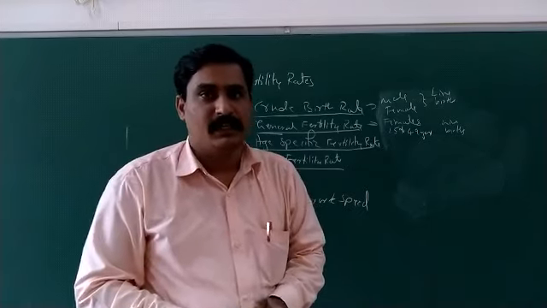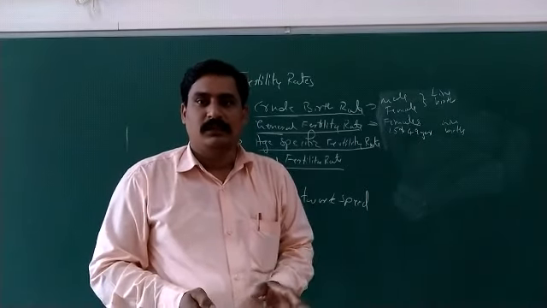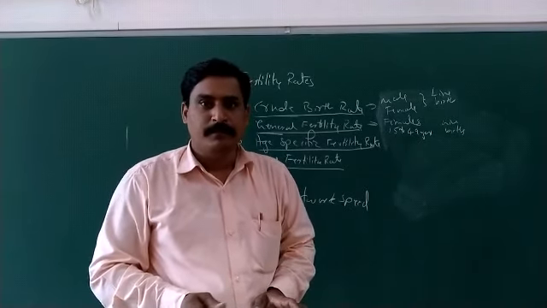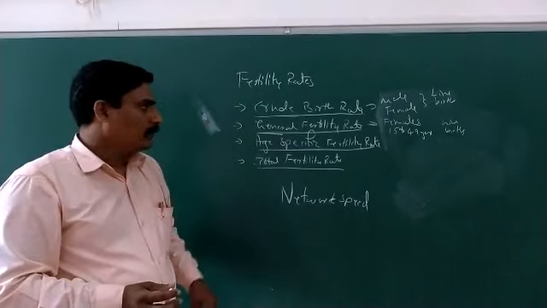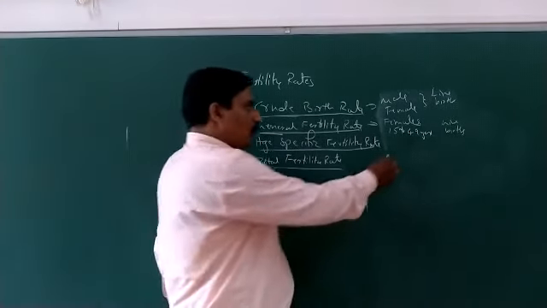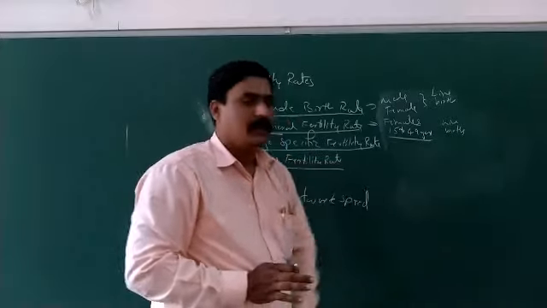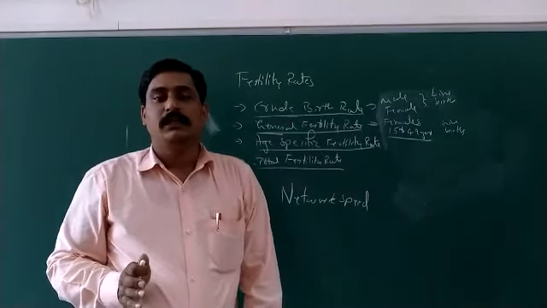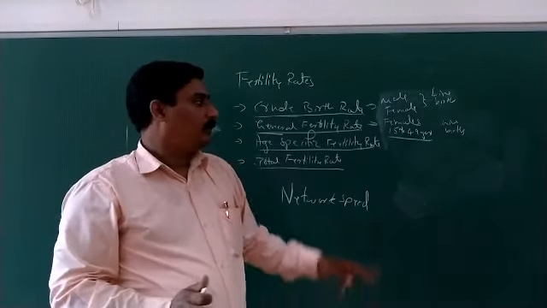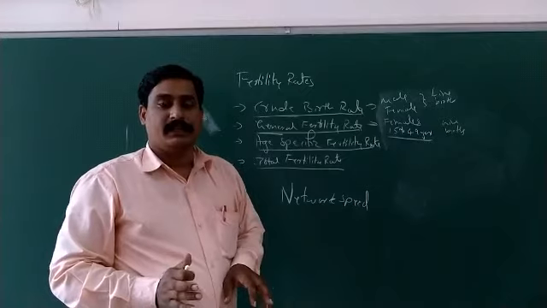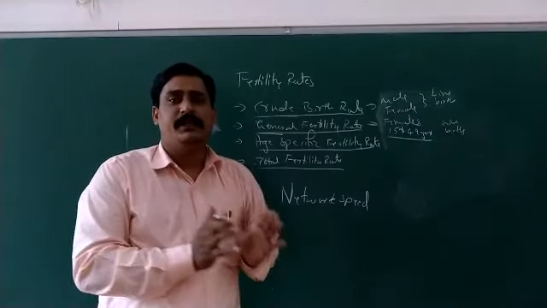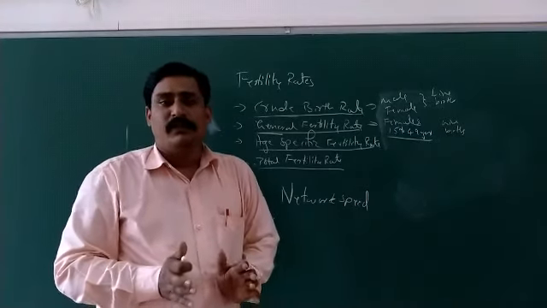Age specific fertility rate is calculated here, and here females of 15 to 49 years, no doubt, and live births both are there. We calculate specific age fertility rate, that is, we take a specific age into account and calculate the fertility rate.